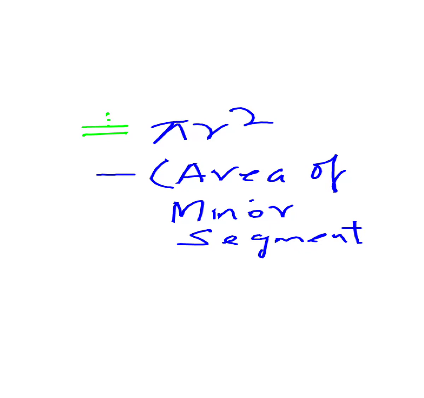Okay, which is also pi r square minus, which we have previously found out. What was it?